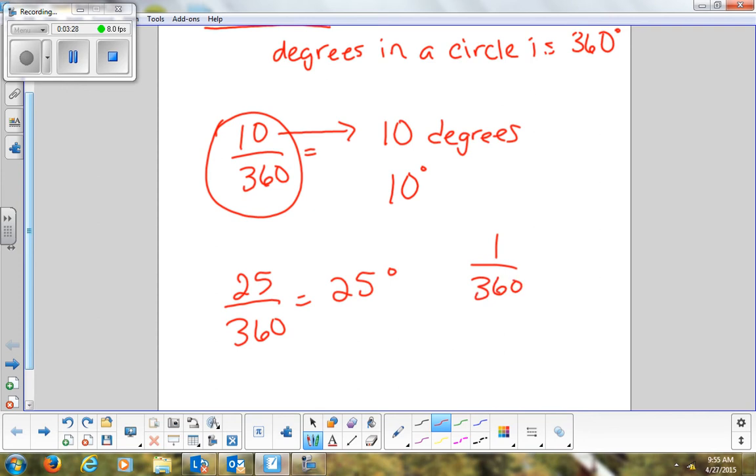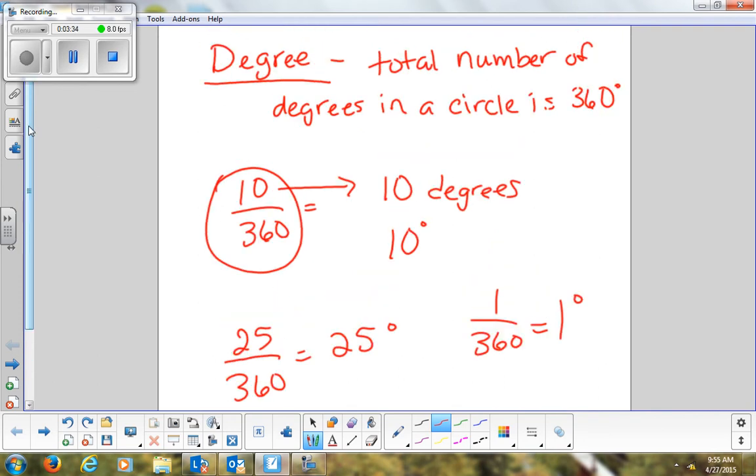Esme. 1 degree. Okay? So that is degrees. Now, the hard part is going to be figuring out how many degrees are from a fraction to degrees. And that's what we're going to work on today.